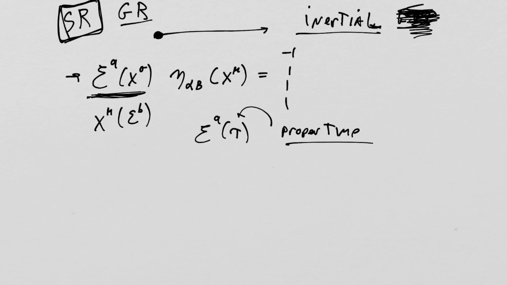Because it's inertial motion and there are no forces applied, I know that the second derivative of that path with respect to its proper time is going to be 0. It's not accelerating. That's another way of saying that in this coordinate system, this object is not accelerating in any way. It's just moving along on its steady path.